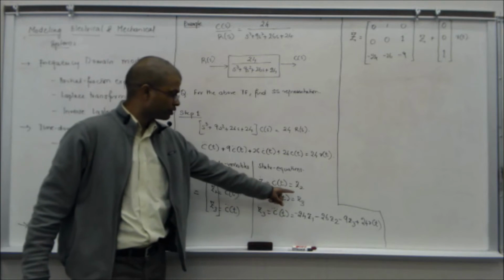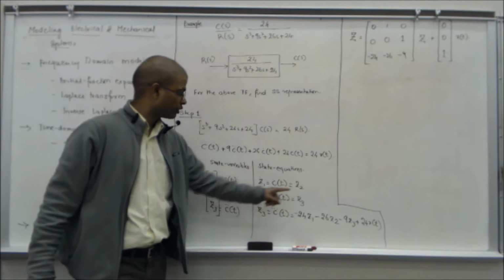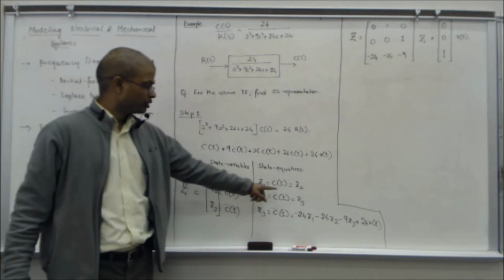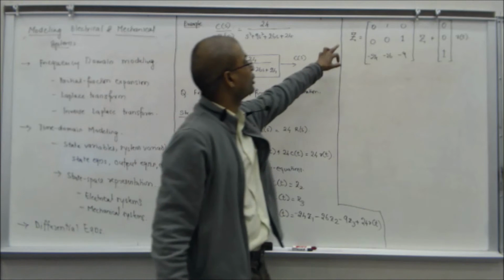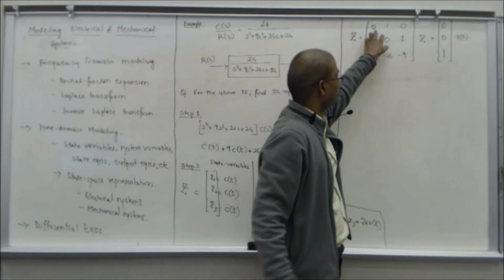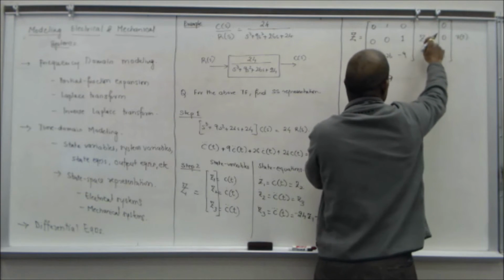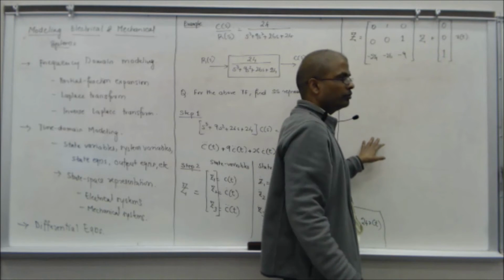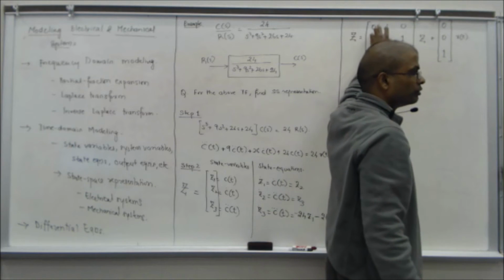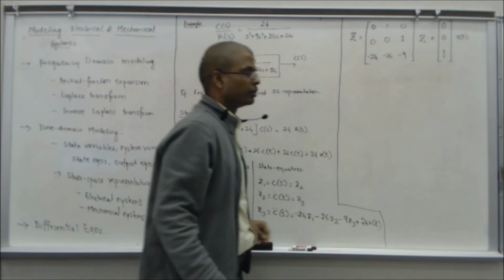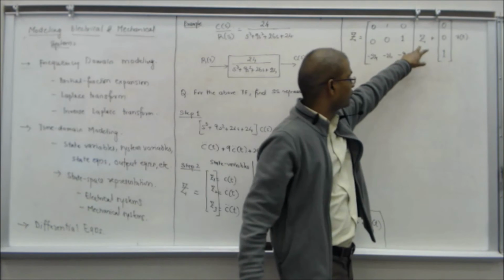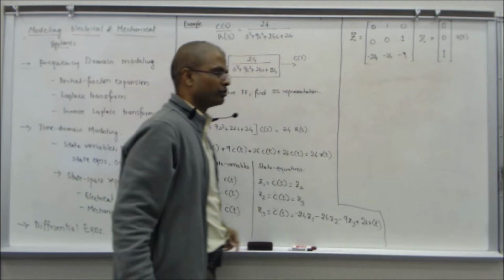So if you write Z1, Z2, Z3, Z2 is 1, right? Z1 dot equal to 0, you have Z1, Z2, Z3. That Z is Z1, Z2, Z3.